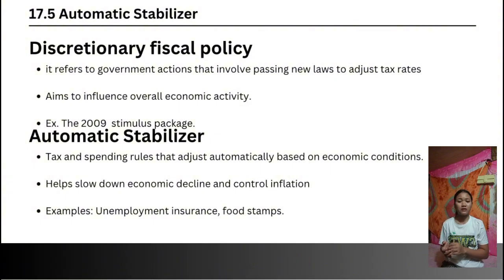When more Filipinos lose jobs, more benefits are automatically paid out. Another example is income tax brackets. When income drops, people automatically pay less tax. Another example is food subsidies like the Pantawid Pamilyang Pilipino program, which also acts as a stabilizer by continuing or increasing during downturns without needing new legislation.